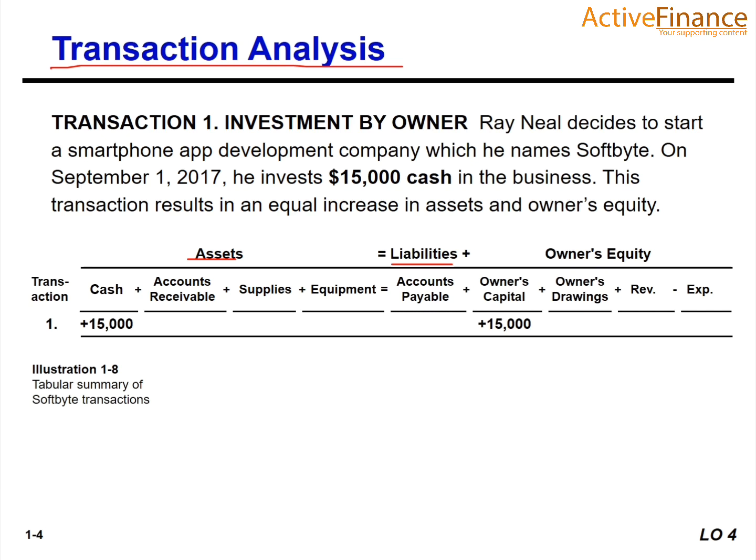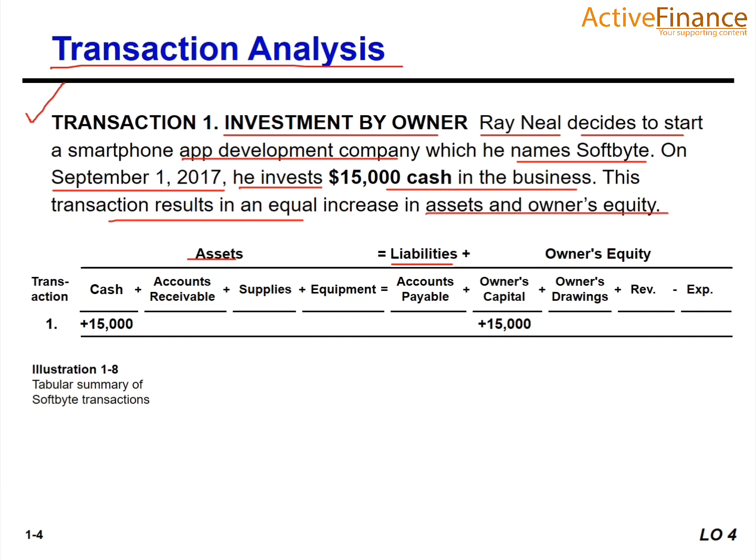This is the first transaction: investment by owner. Raniel decided to start a smartphone app development company which he names SoftBite on September 1st, 2017. He invests $15,000 in cash in the business. This transaction results in an equal increase in assets and owner's capital.